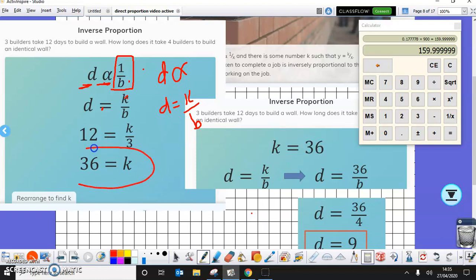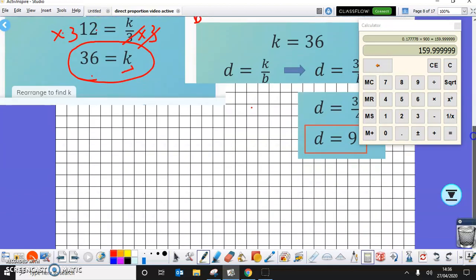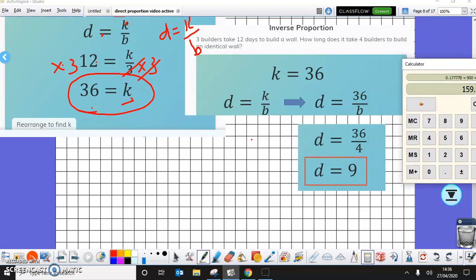And we can see in here we found what one builder would be. We've times this by 3, times this by 3 to get rid of the 3. The 3 cancels to leave k. 3 times 12 gives me 36. Moving over to the right hand side now.